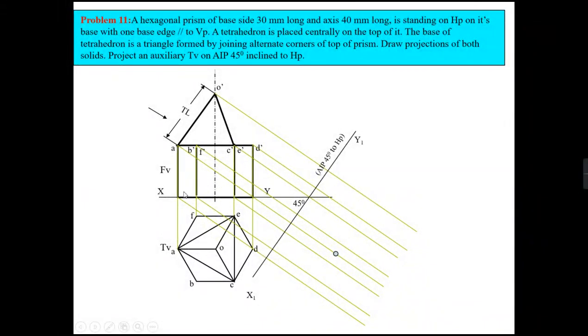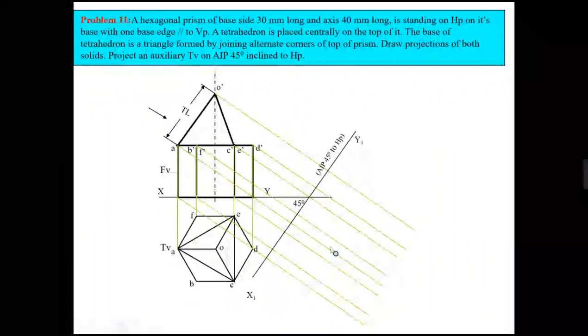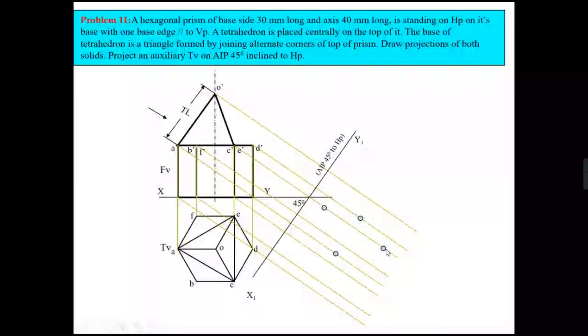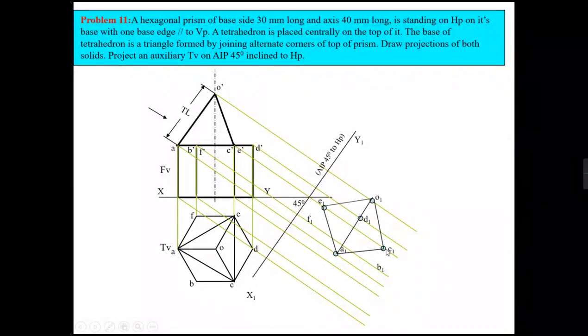Like point A: you can measure its distance from here, so that you are able to mark this distance. The same way, this is point C and E. Your point E is near to the vertical plane and your point C is away from the XY line. So this is your point E and this is your point C. This is how you will get all these points.